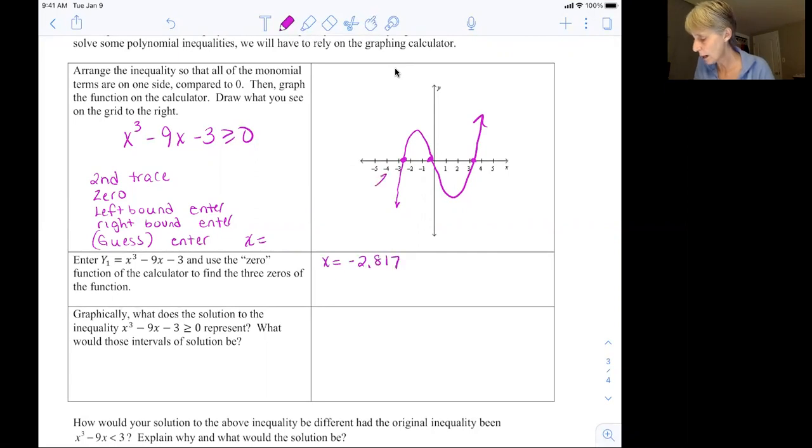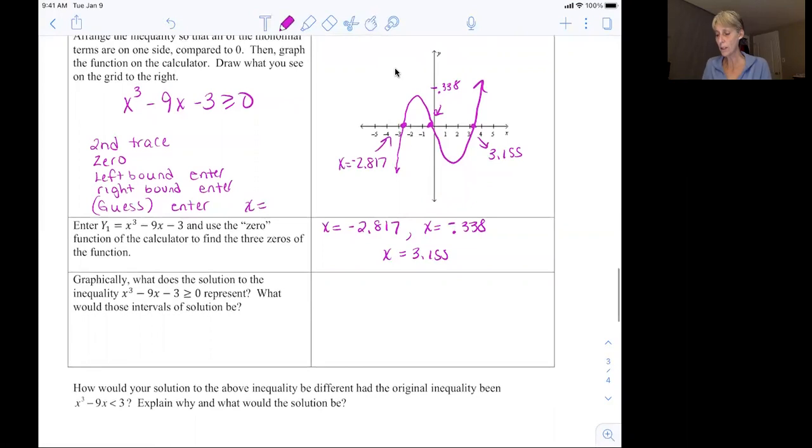That would be that x-intercept. I got negative 0.338. That would be that x-intercept. And then I got 3.155. And that's that guy there. So those are our x-intercepts.